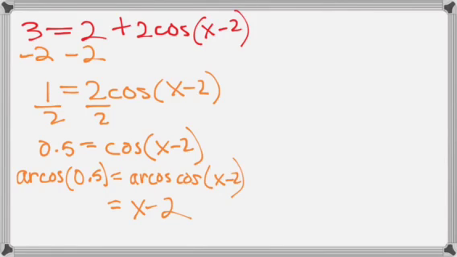So I'm left with x minus 2. And arc cosine is defined as plus or minus cosine inverse 0.5 plus 2 pi n, and n is an integer.